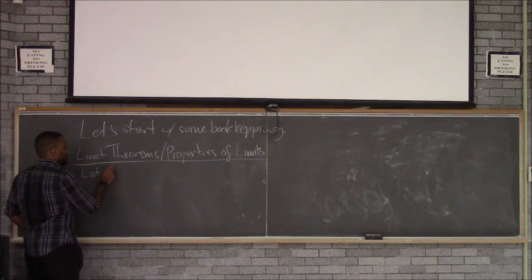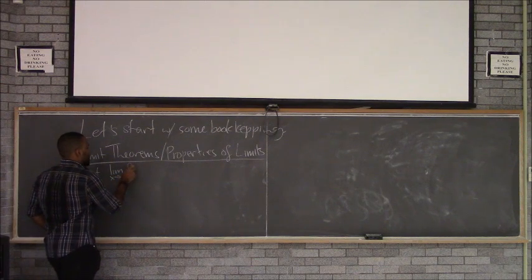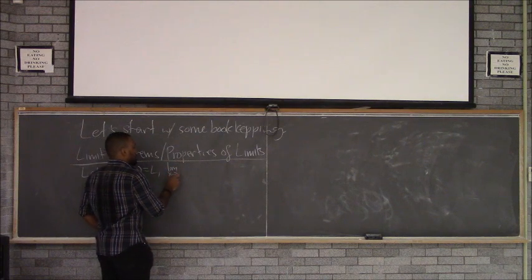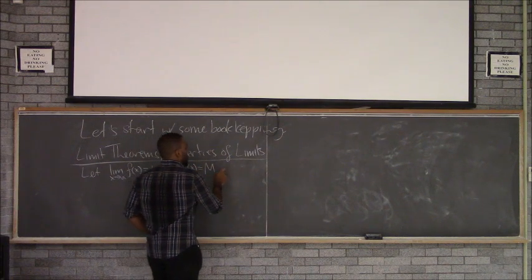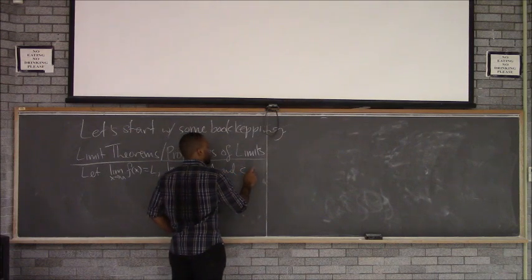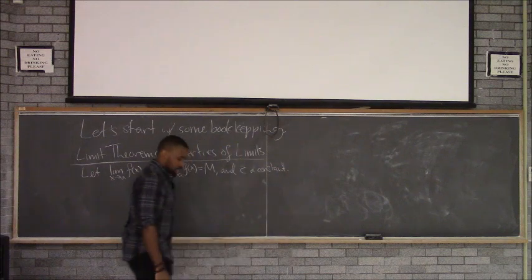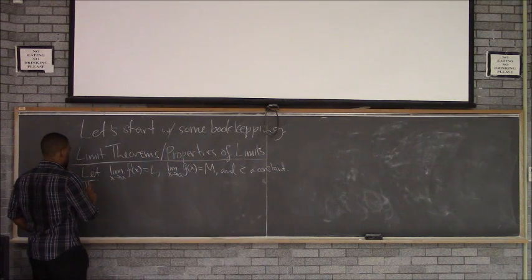Let the limit as x approaches a of f(x) be L, the limit as x approaches a of g(x) be M, and c is a constant. I want you to actually know how limits will work.